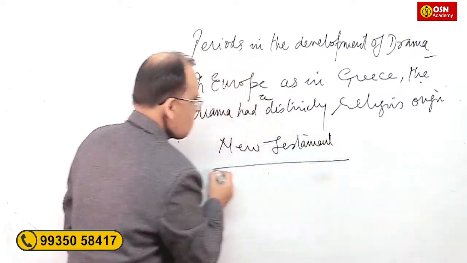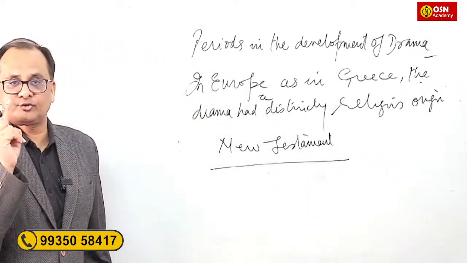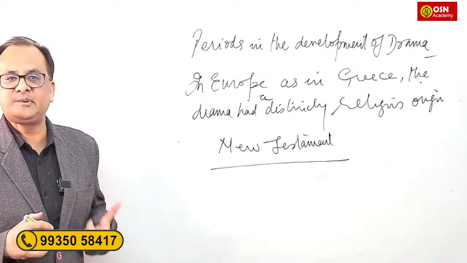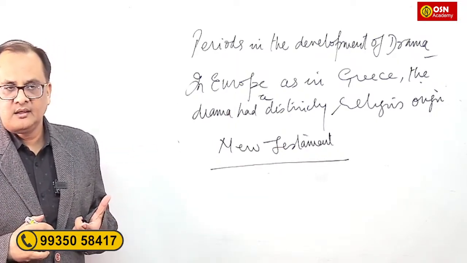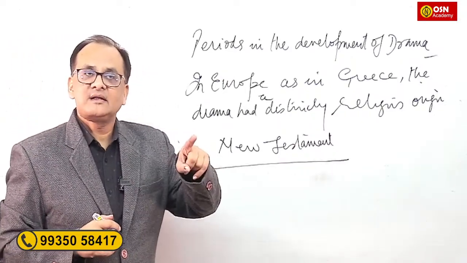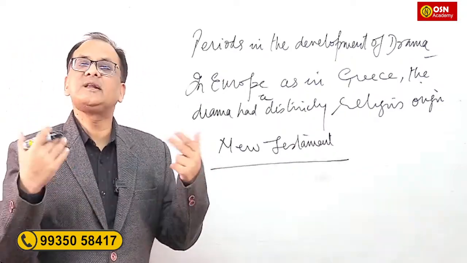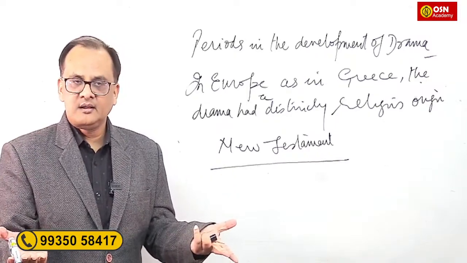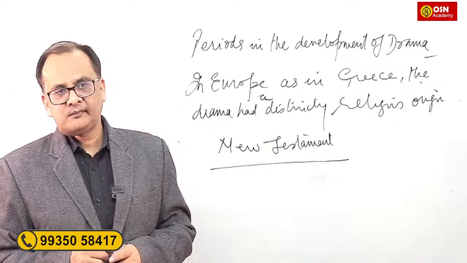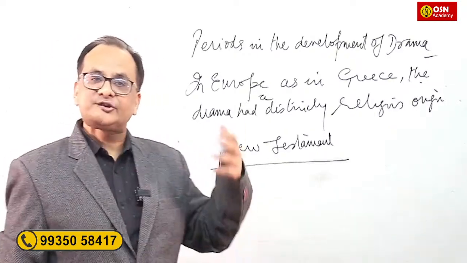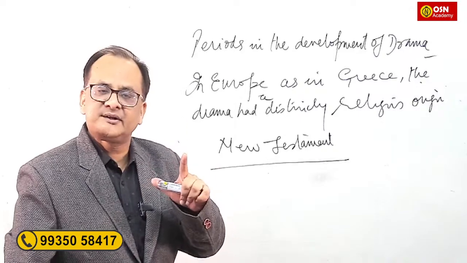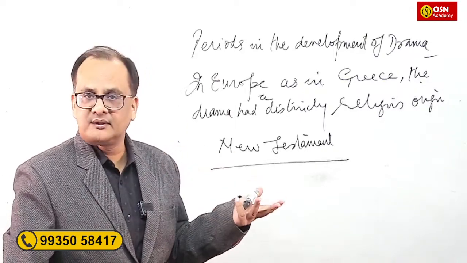The first characters were drawn from the New Testament, and the object of the first plays was to make the church service more impressive, or to emphasize the moral lessons by showing the reward of the good and the punishment of the evildoer.